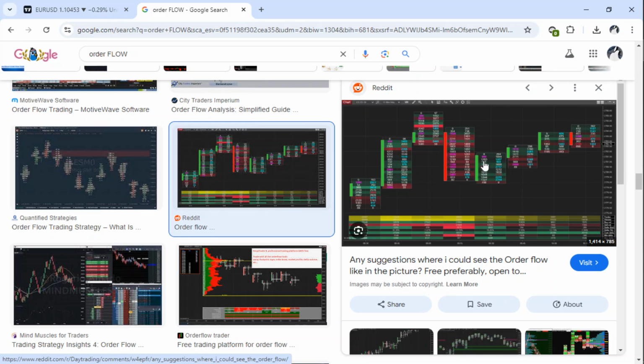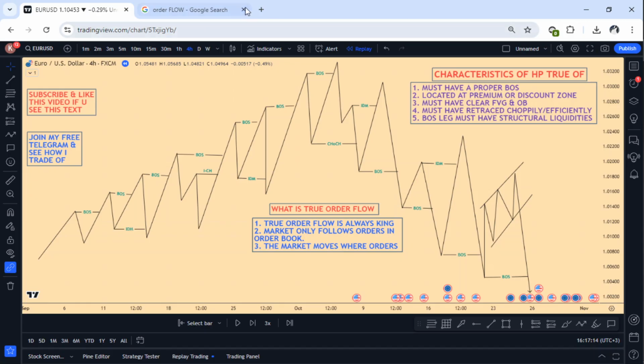Then this next order book shows that there were more buyers, and that is how the market moves. It moves where there are orders, and orders need to flow concurrently, both buys and sells. So whichever outweighs the other is what is moving and breaking structures.